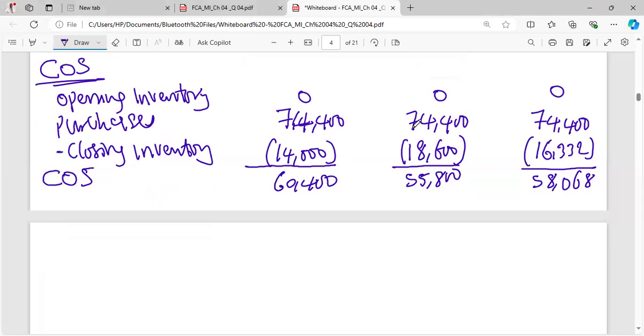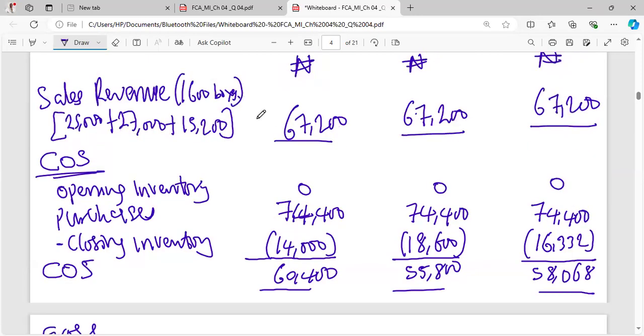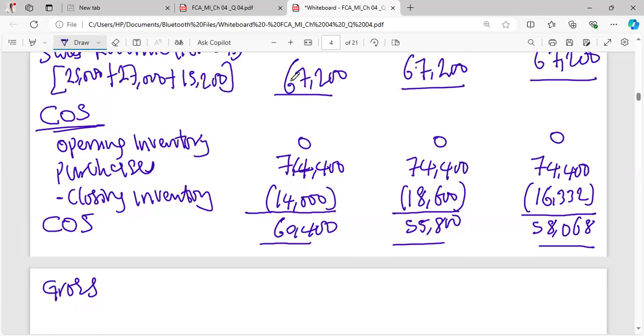After getting this cost of sales, you have your gross profit. So your gross profit now is going to be the sales minus cost of sales.